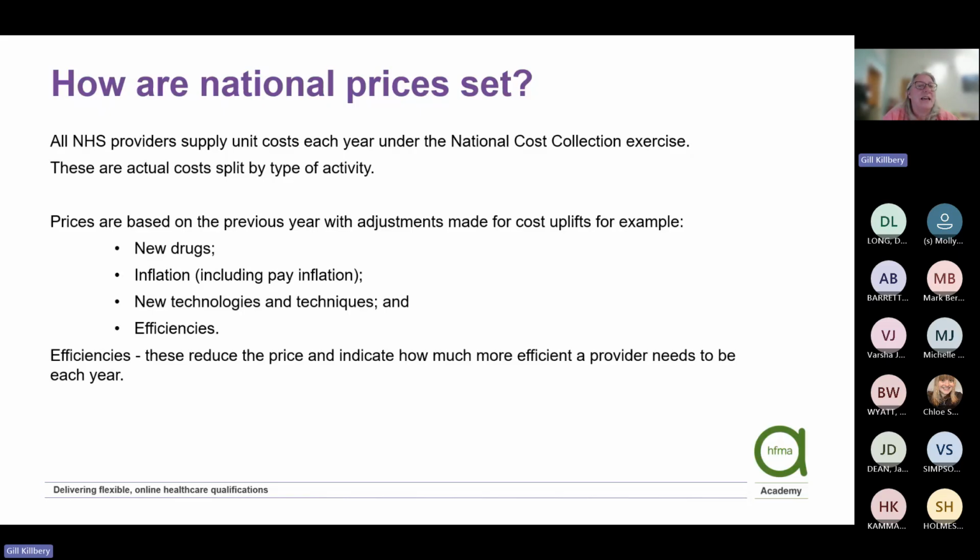It looks at new things coming in, inflation, technologies, techniques, but it also applies that efficiency. So, for example, in 23-24, a CUF was set at the start of the year. Prices were increased by a certain amount. But that changed mid-year when a nursing pay increase was agreed. And it changed again later in the year when the consultant's pay was agreed. So the prices used at the start of the year weren't the prices that were being paid by the end of it.